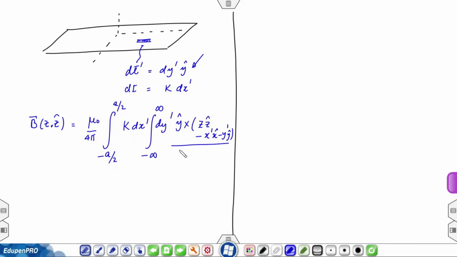So, that is going to be x prime square plus y prime square plus z square raised to 3 by 2.